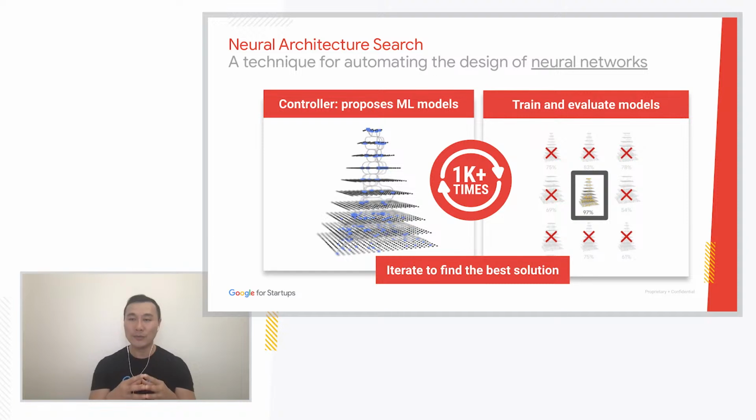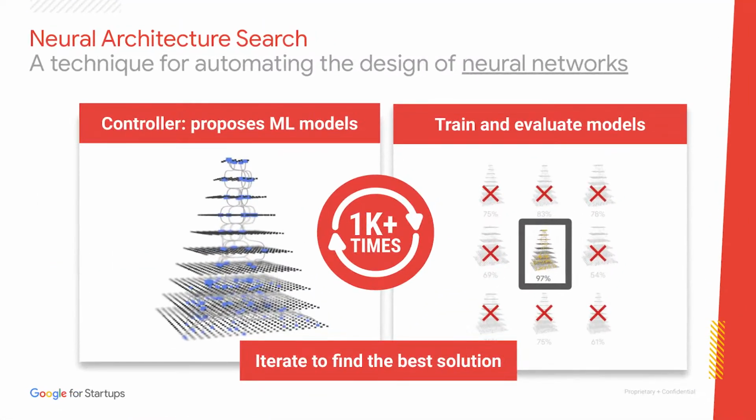And this is part of the reason why our AutoML offerings are very accurate. It's a little bit more accurate than the other offerings on the market, because we're able to not only do the hyperparameter tuning, but also build a network behind the scenes for you for that use case with the data set that you provide.